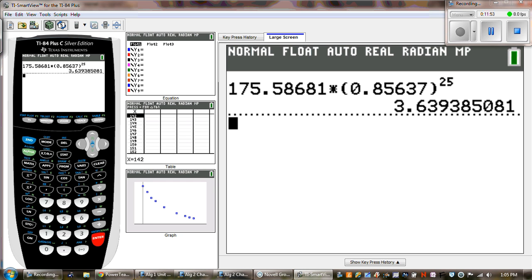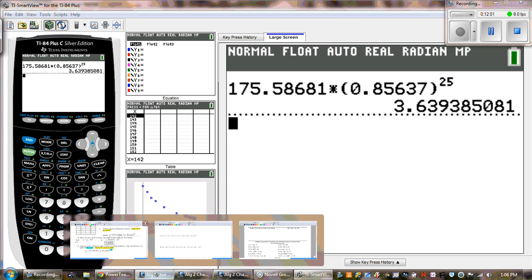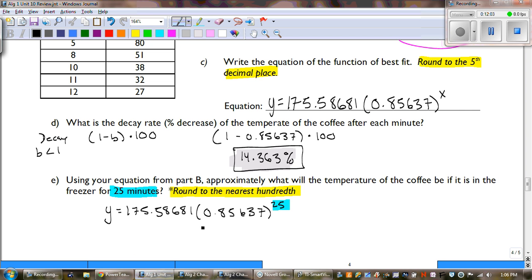Okay, that's what I got. And it said to round it to the nearest hundredth. So it's going to be 3.6 what? Yeah, you should get 3.64. So 3.64, and that's degrees Fahrenheit.